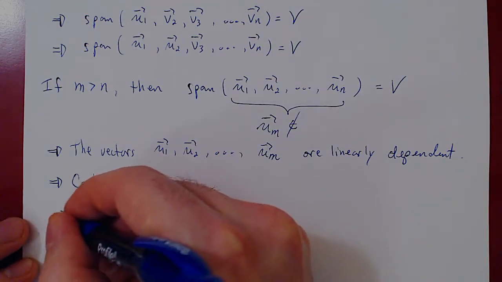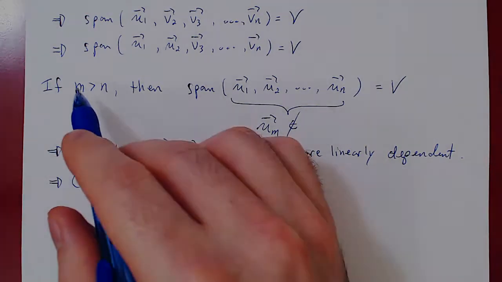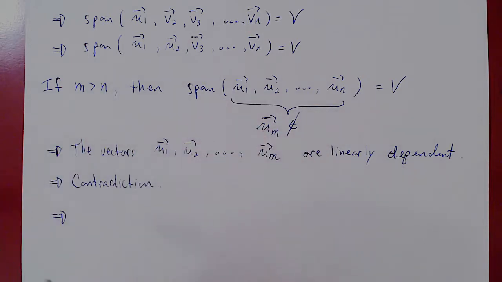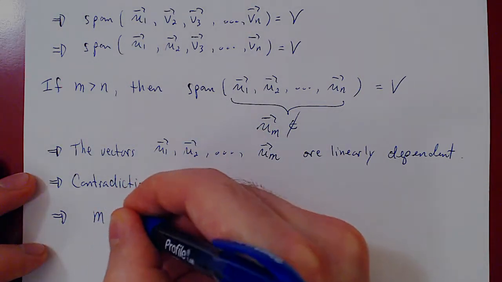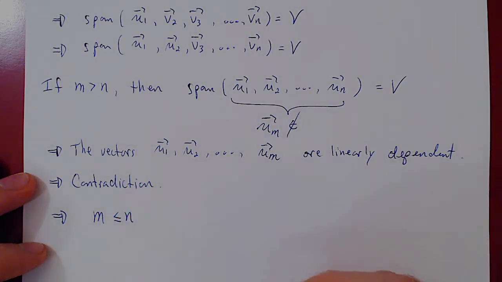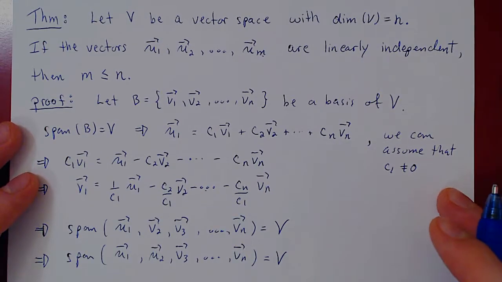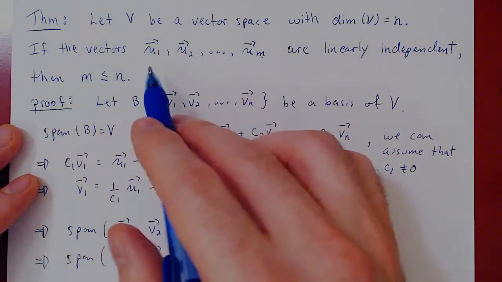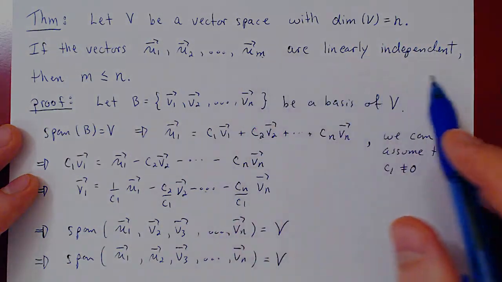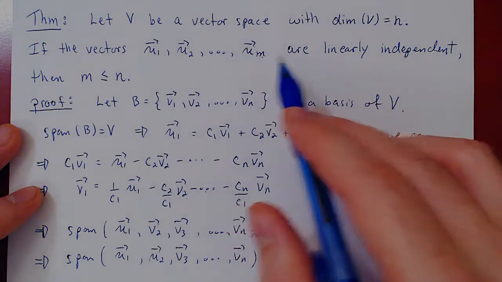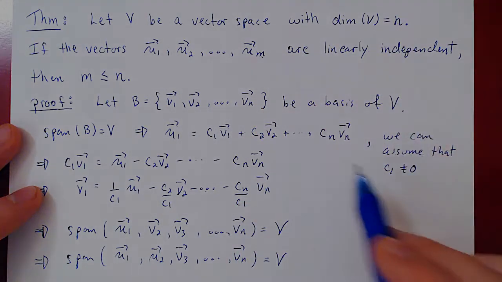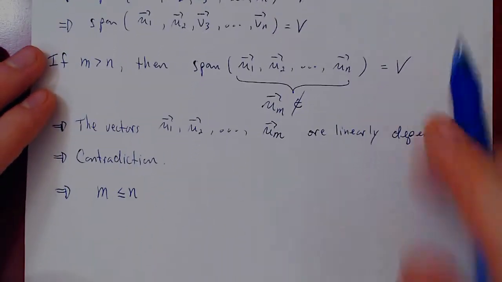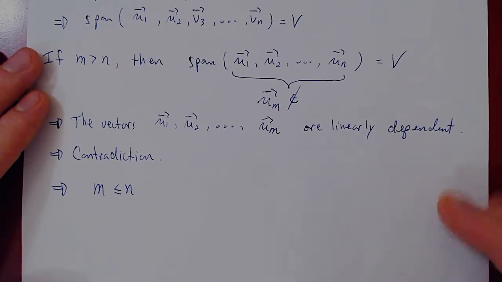Well, what is the opposite of m being strictly larger than n? It is m is less than or equal to n. And this was what we were trying to prove. We said that if we have an n-dimensional vector space, and we have m linearly independent vectors, m must be at most n, the dimension of our space. And there you have it.